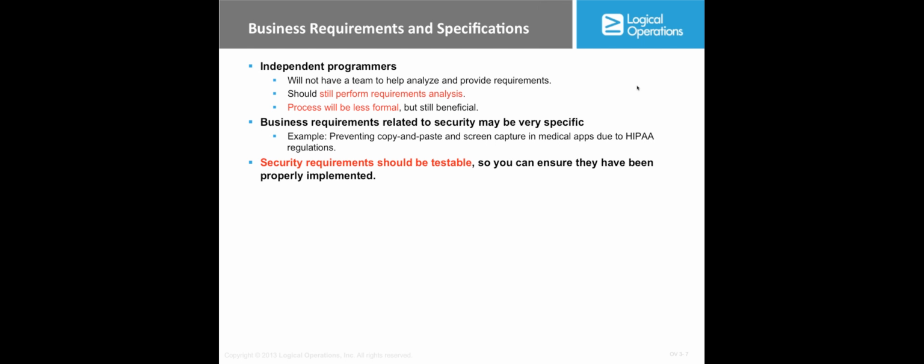We talked about the differences between what is a business requirement, what is a regulation, and what is a standard. Being cognizant of all of them is important throughout the entire process. It gives you an example: preventing a copy and paste or a screen capture for medical labs because of HIPAA regulations.